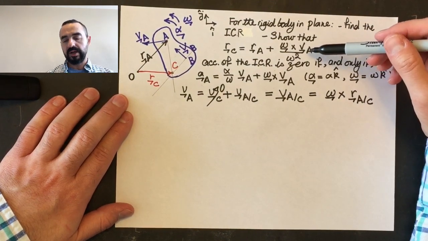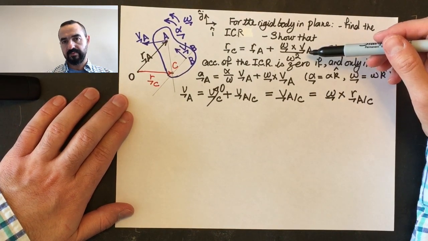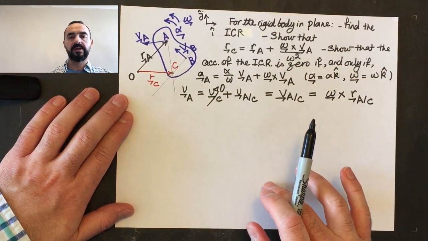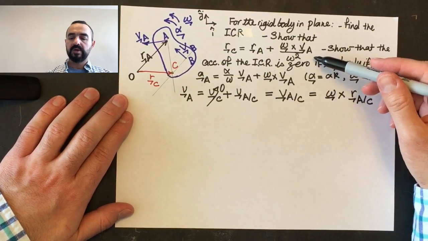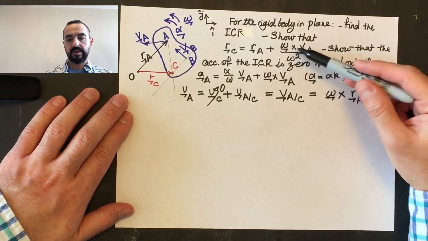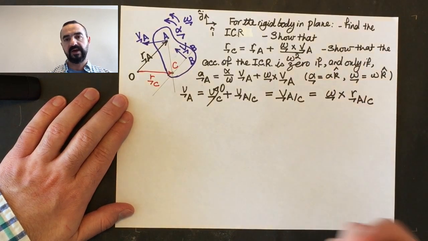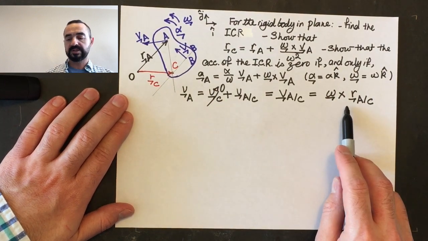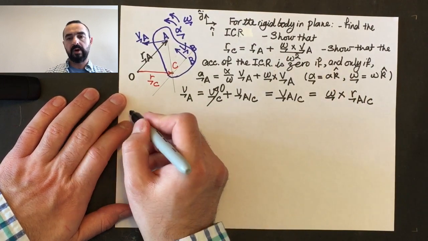Our end goal is to show this relationship is true. So even if you had no idea what to do next, once you look at this relationship, you're going to see that we have omega cross VA. So it makes sense to pre-cross multiply both sides of this equation by omega.